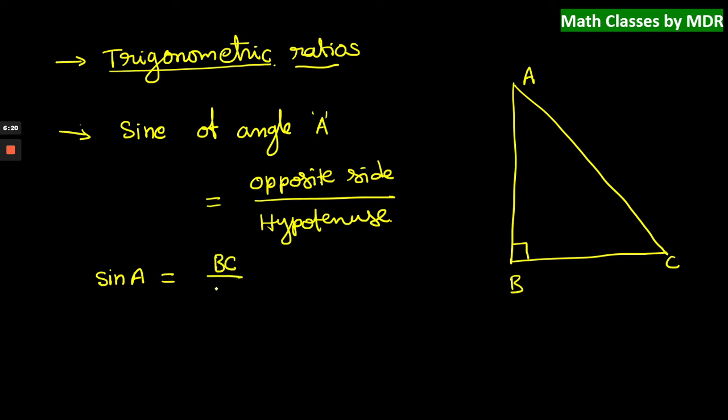BC, and the hypotenuse is AC. So this is the definition of the first trigonometric ratio, that is sin A.